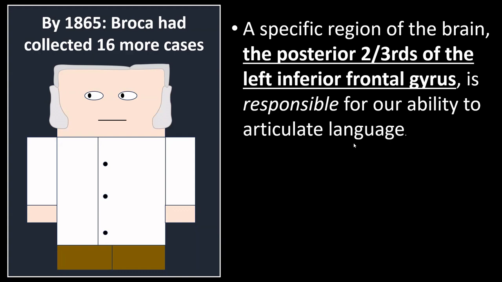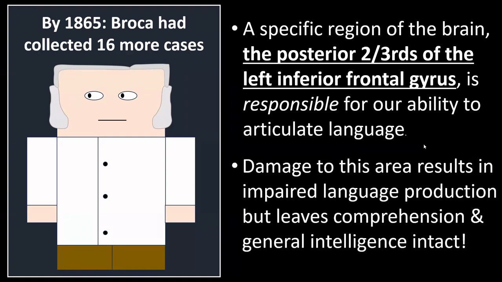It is located in one side of the brain, the left side, and this is since then called the dominant side, and that our ability to articulate language is located in the left frontal lobe. And damage to this area, to the posterior 2/3 of the left inferior frontal gyrus, will result in impaired language production, but language comprehension and intelligence remain intact.